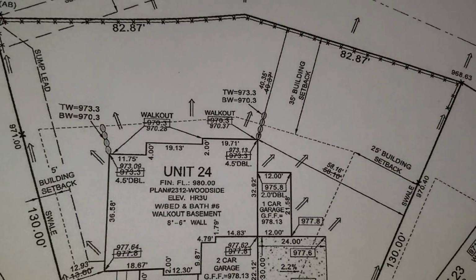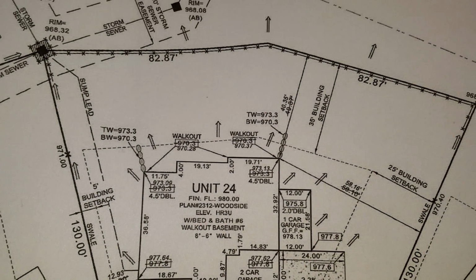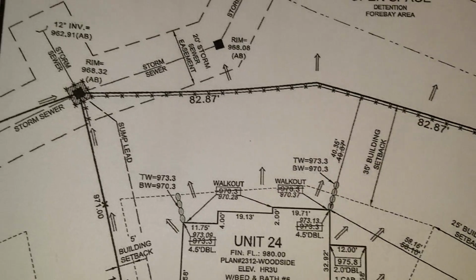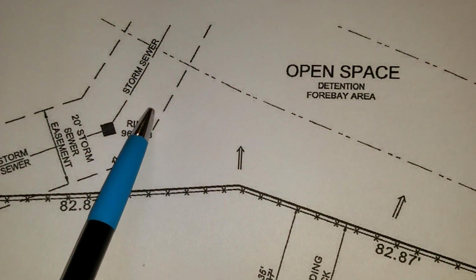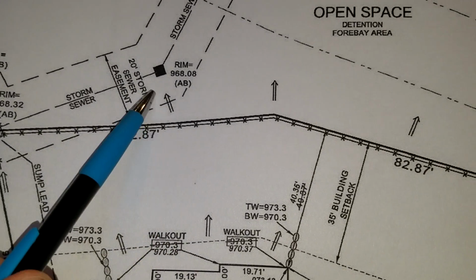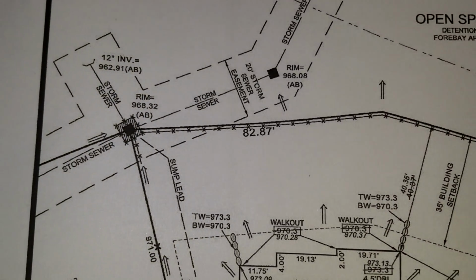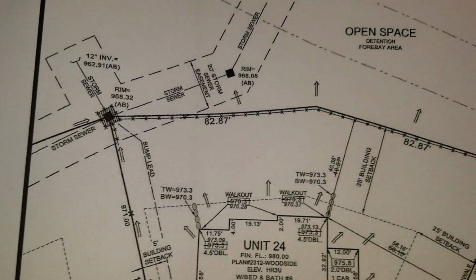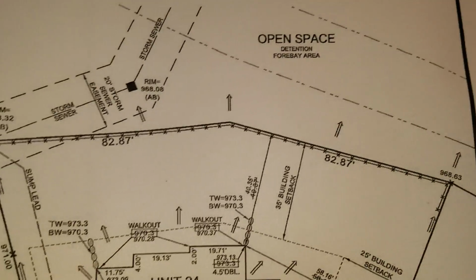And this is quite interesting. So this is a development that butts up to an older sub. And the older sub does have storm drain. A little bit of this water, as you can see, there's a little bit where they show the arrows going off into that storm drain, but most of it is heading towards that detention area.